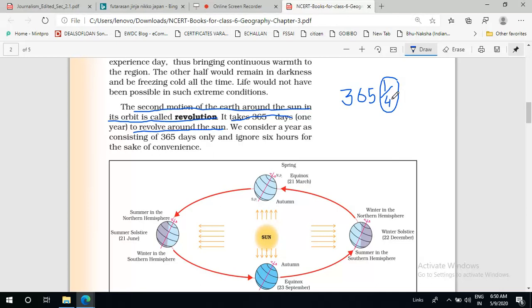It will not be manageable. So what is done by the scholars, the people who were given the responsibility of making the calendars, is that this 1/4 should be ignored every year. And here one more thing you need to calculate, that 1/4 day is how many hours.